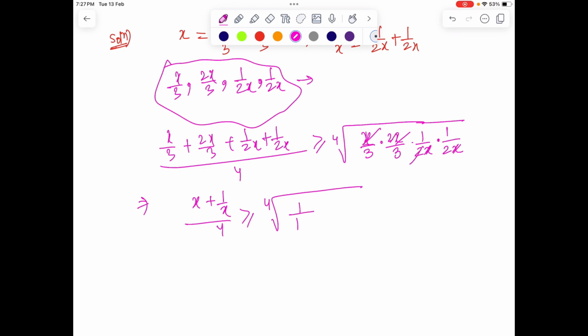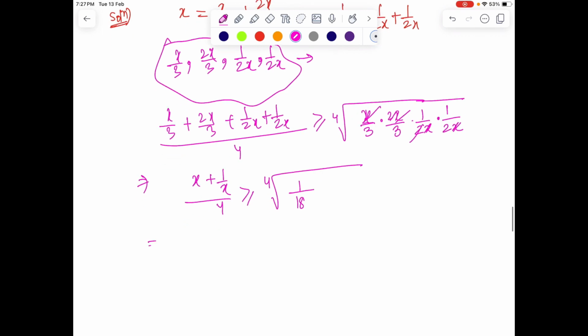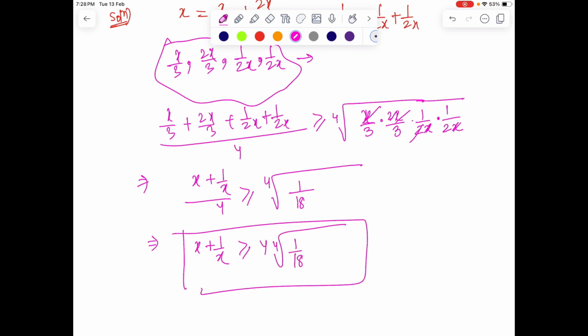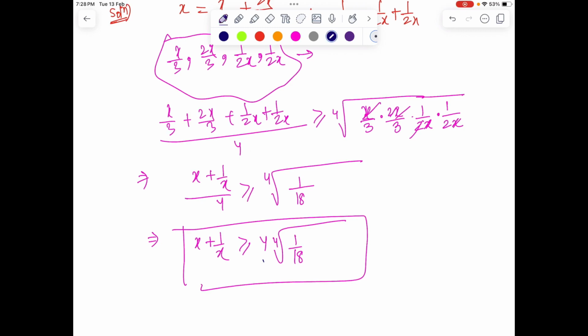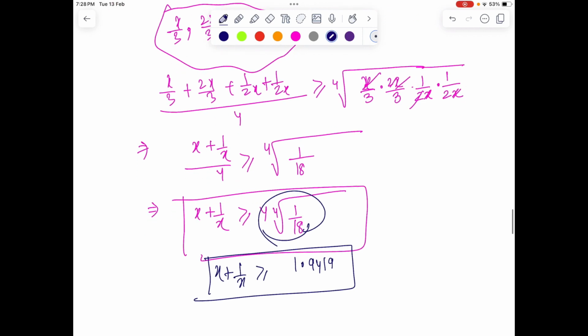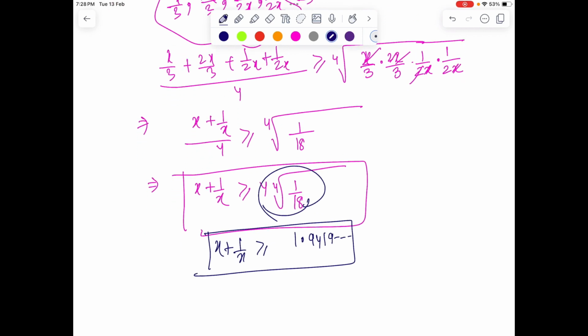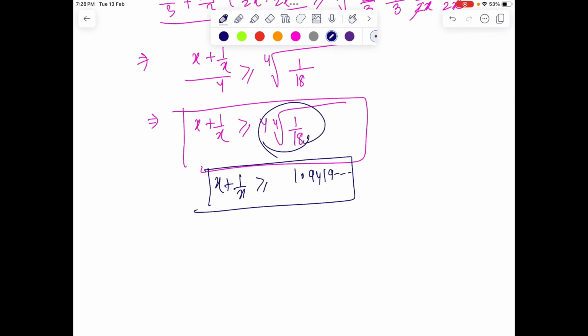So which gives me x plus 1 by x over 4 is greater than or equal to the 4th root of, x gets cancelled, 2 is getting cancelled, so 1 by 18. This implies x plus 1 by x is greater than or equal to 4 times the 4th root of 1 by 18. Now clearly this answer is not true. If you calculate this, this quantity comes out to be 1.9419. You can use your calculator. So from here what we are getting is x plus 1 by x is more than or equal to 1.9419 approximately.